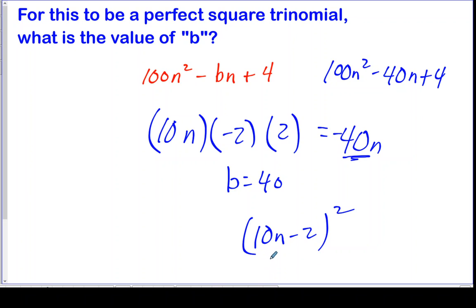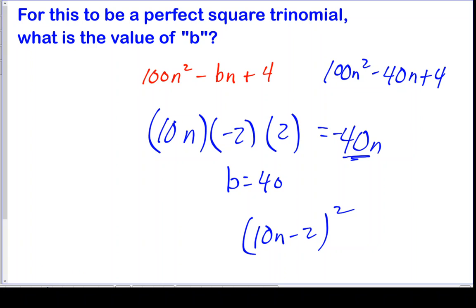So that would be 10n minus 2 to the second power. Now, are any of you thinking about what you've done for the last few days? Is this the complete factorization of 100n squared minus 40n plus 4?